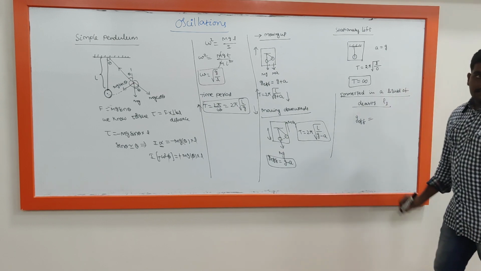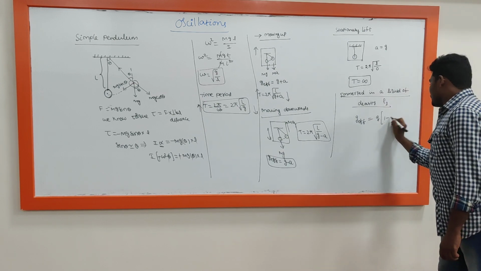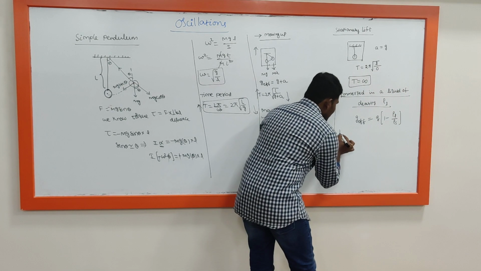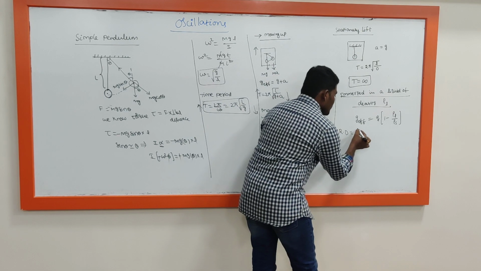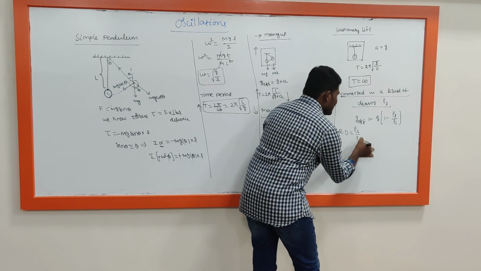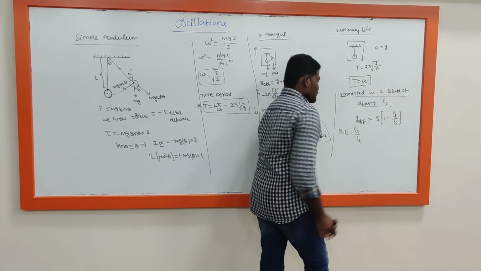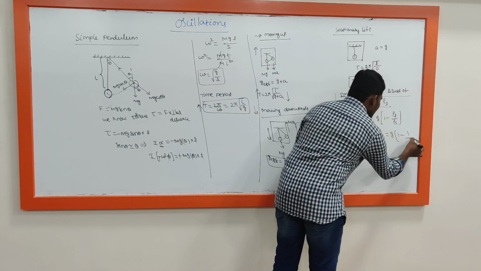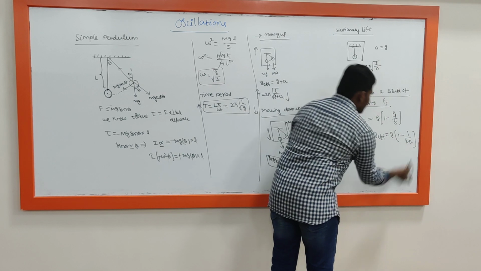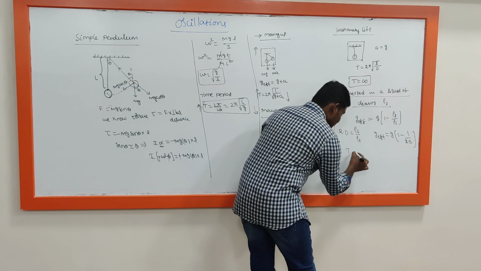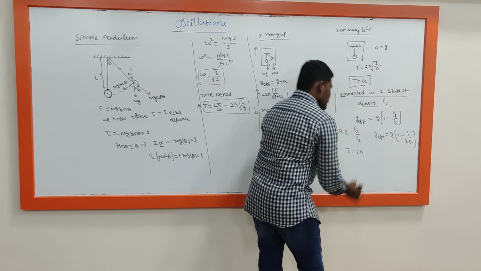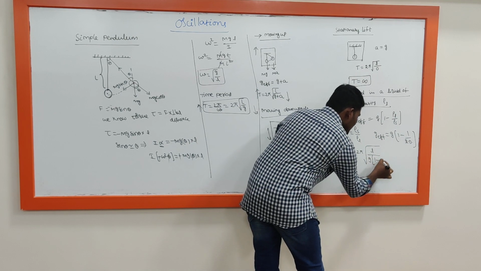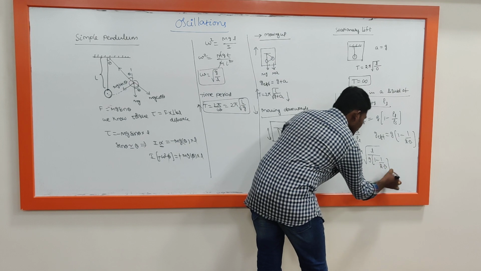So g effective you can write g into 1 minus rho L by rho S. So we know relative density equal to density of the solid divided by density of the liquid. So we can write rho L by rho S as 1 by relative density. So then g effective equal to g into 1 minus 1 by relative density. So then time period will be varied. So time period T equal to 2 pi into square root of L by g into 1 minus 1 by relative density.